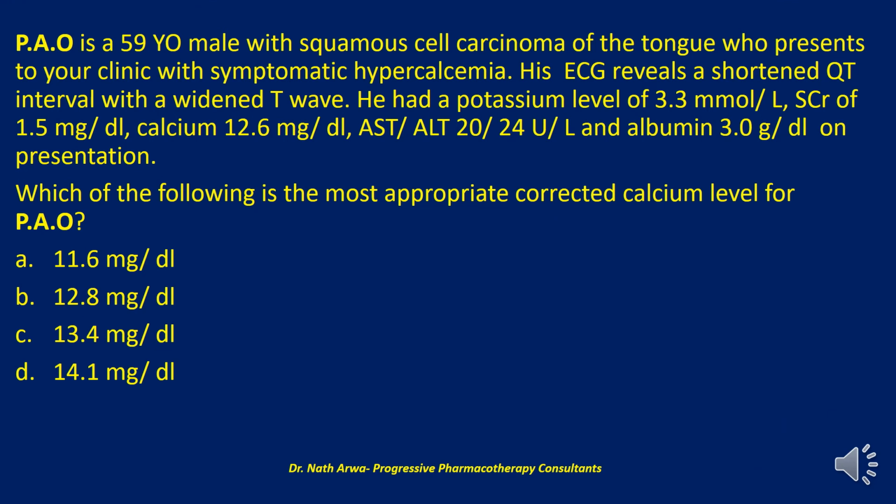PAO is a 59-year-old male patient with squamous cell carcinoma of the tongue who presents to your clinic with symptomatic hypercalcemia. I think we are talking of the same patient. My question to you this time round is, which of the following is the most appropriate corrected calcium level for our patient PAO?